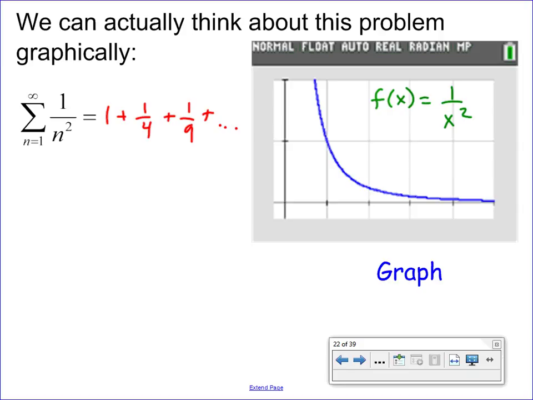What I want to do is compare the partial sums of that series with this continuous function that's defined for all real x. Yes?